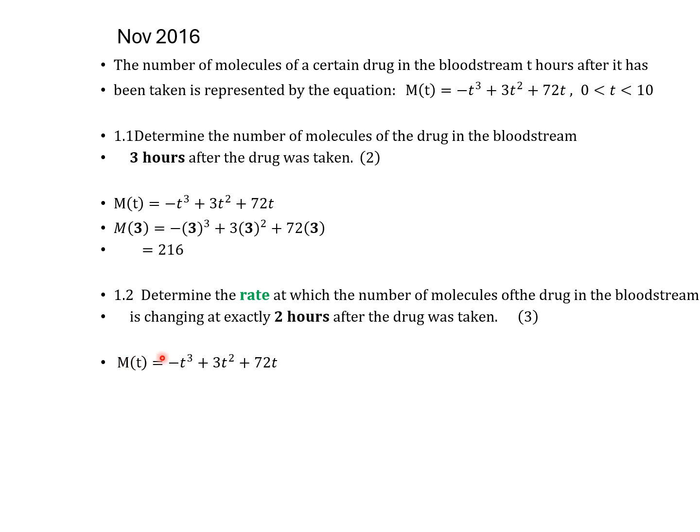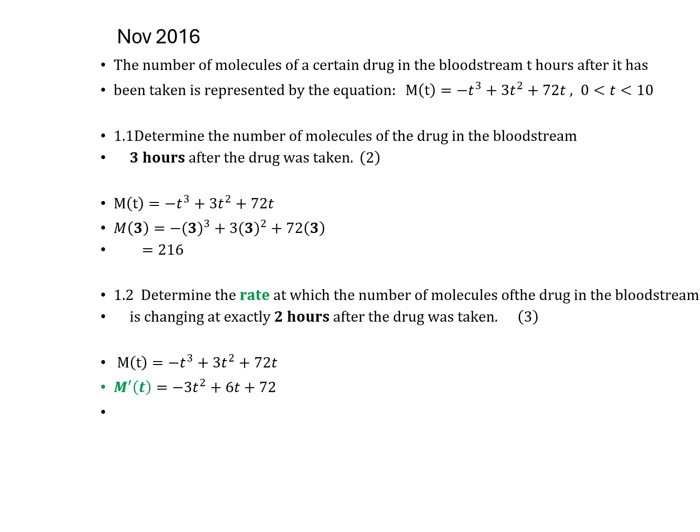As I said, because of rate, I'm going to find the first derivative. So M'(t): 3 times negative 1, negative 3t squared; 2 times 3 gives me 6t; plus 1 times 72 is 72, and then the t falls away. We want exactly 2 hours, so we put 2 in place of t.